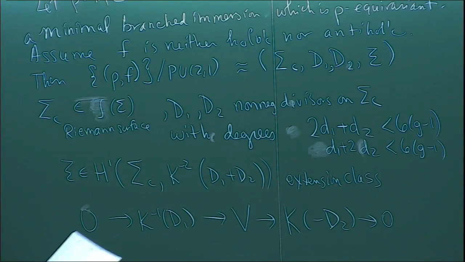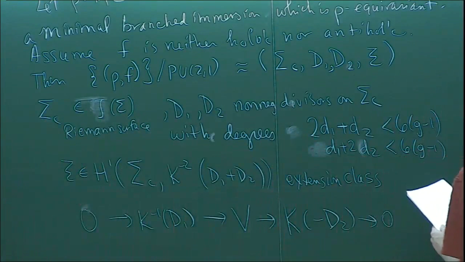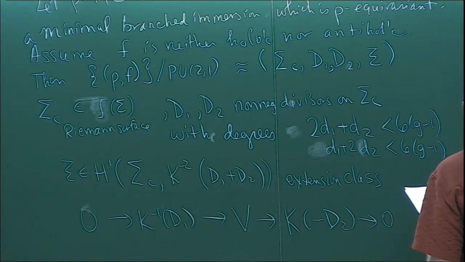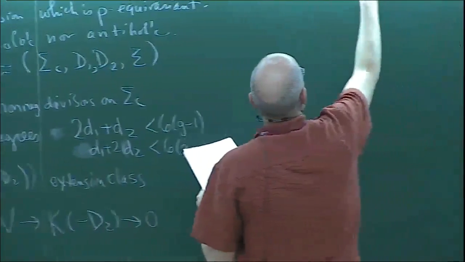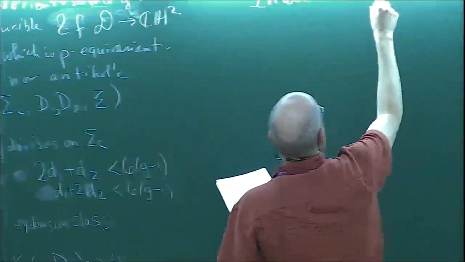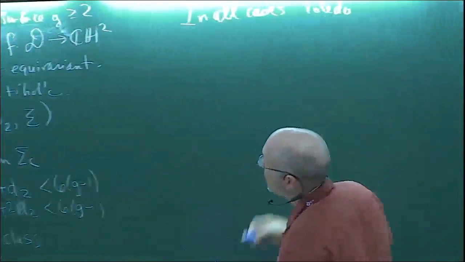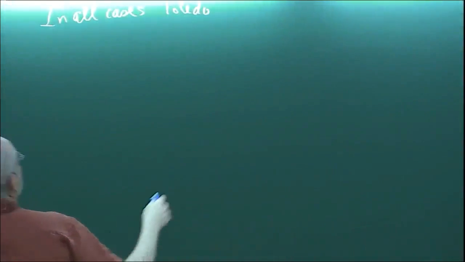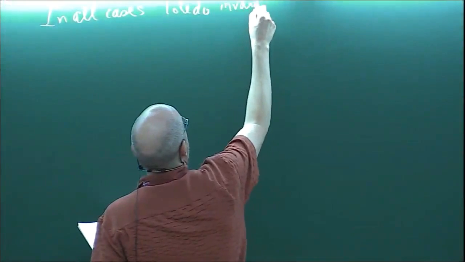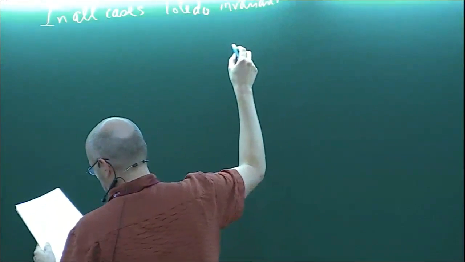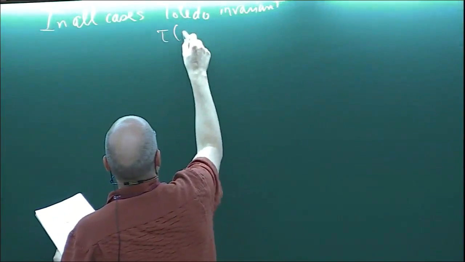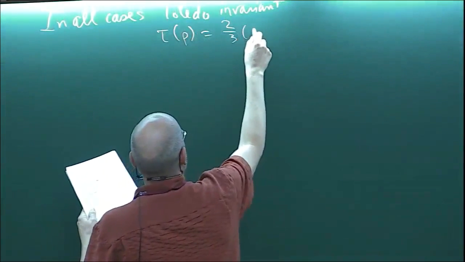Okay, so to continue the theorem, in all cases there's an invariant for these sorts of representations rho, the Toledo invariant. So tau of rho is given by a formula.